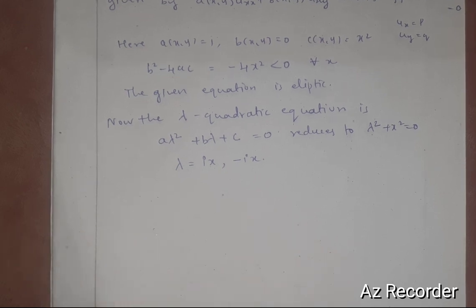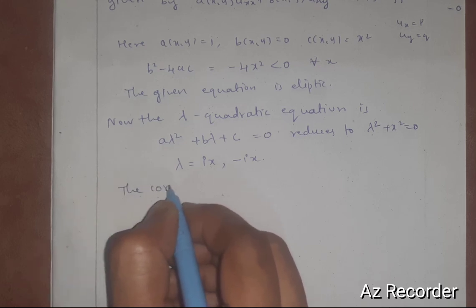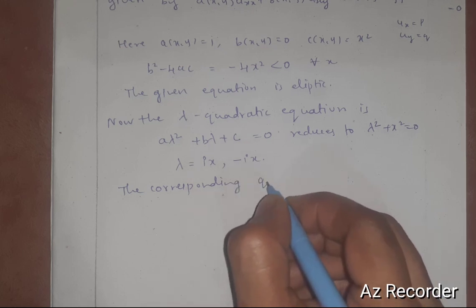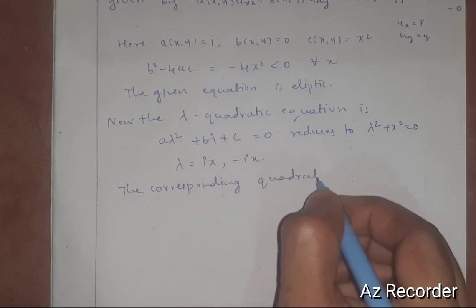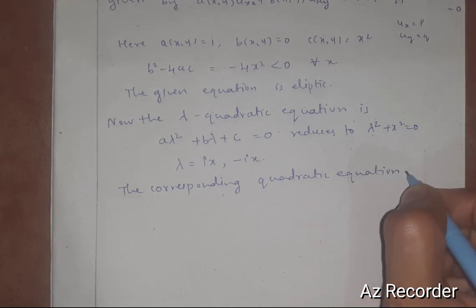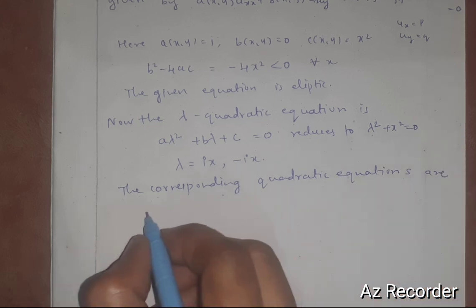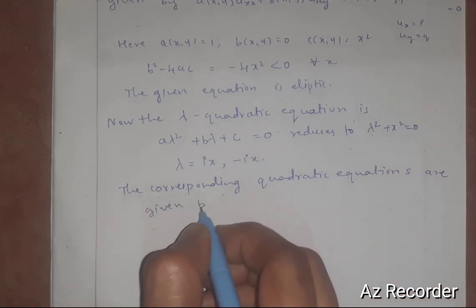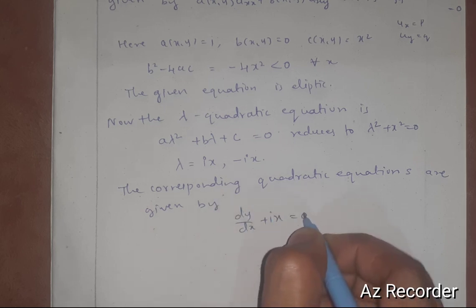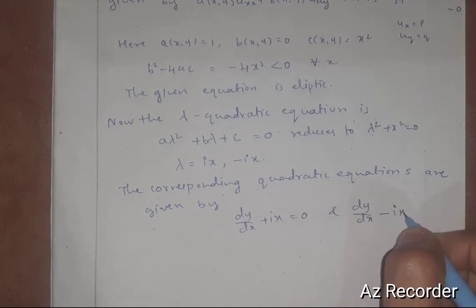The corresponding quadratic equations are given by dy by dx plus ix equal to 0 and dy by dx minus ix equal to 0.